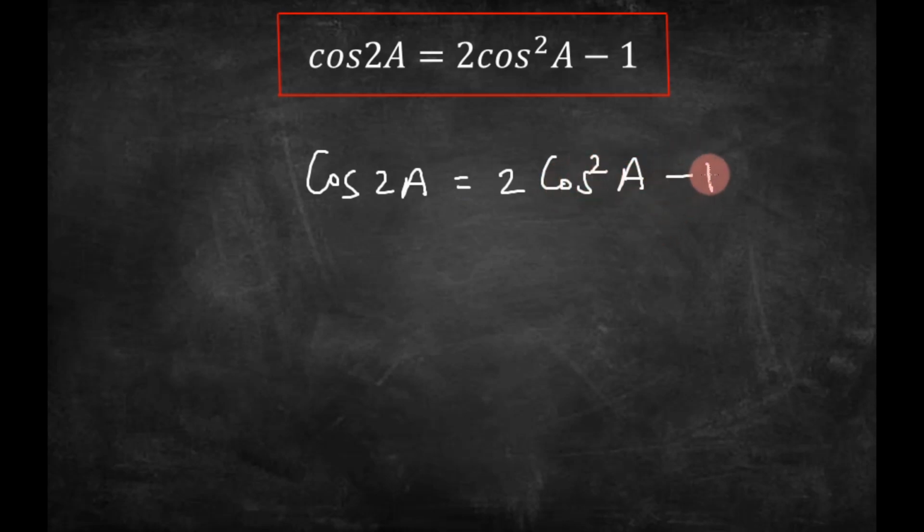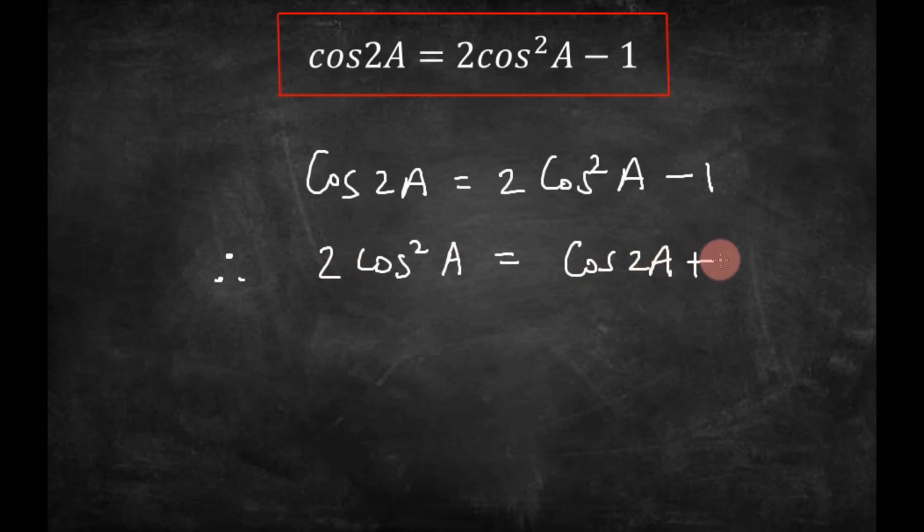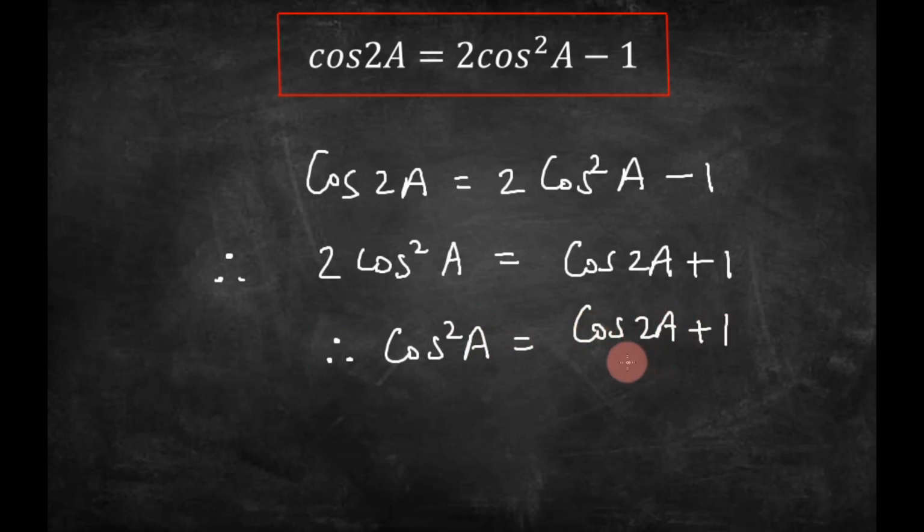We can take the negative 1 to the left-hand side, and then we'll get twice the cos squared of A equals the cos of 2A plus 1. Now we can divide the 2 into the right-hand side, and we get that the cos squared of A equals the cos of 2A plus 1 all over 2.